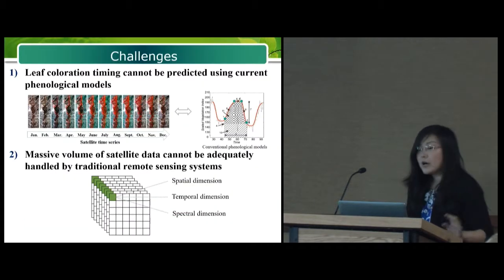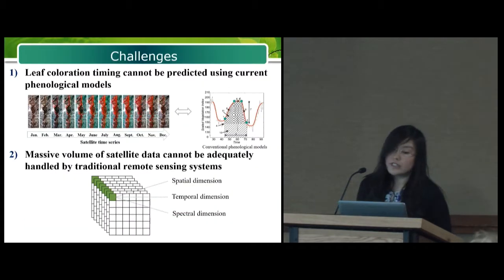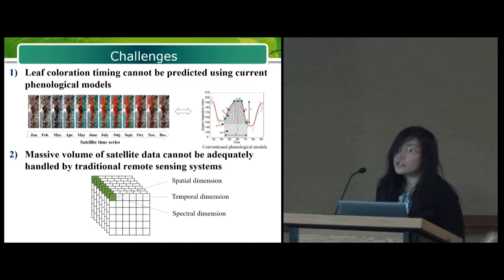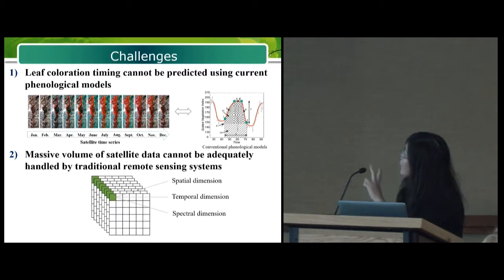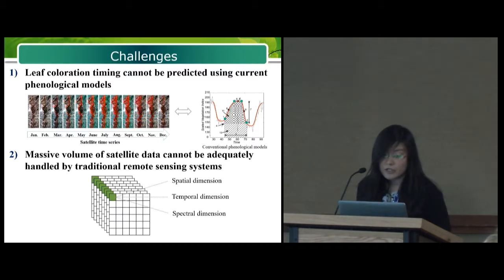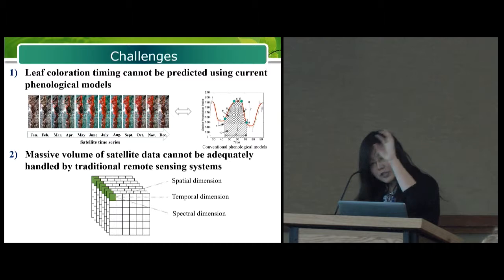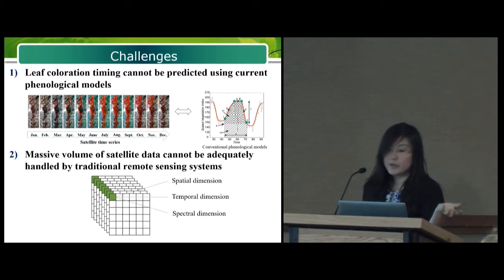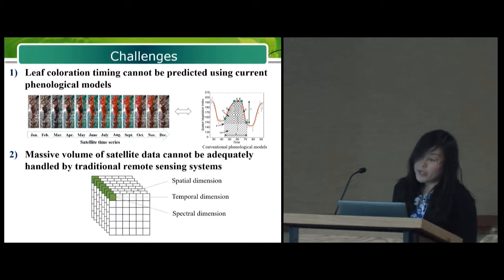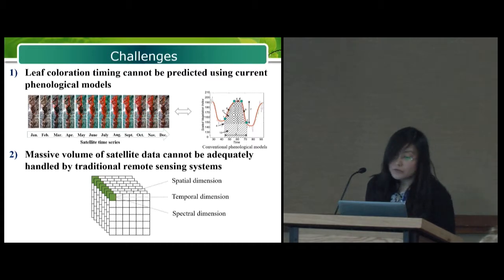So we are thinking about expanding it to this large-scale spatial-temporal monitoring, but we do encounter several challenges here. Just to name two challenges. The one challenge is, ideally, if we could acquire the imagery during the leaf coloration timing across space and time, we should be able to do this work.